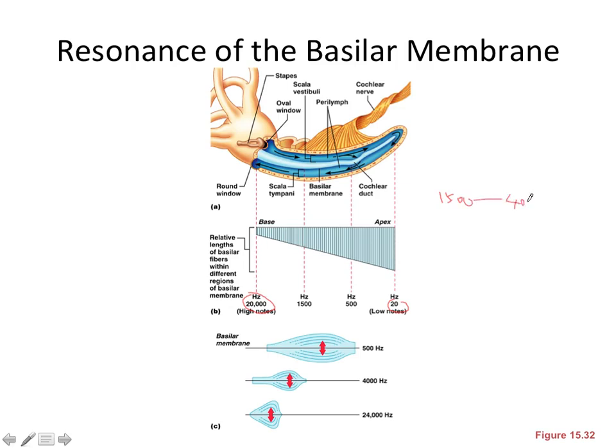So obviously, human speech is within the region of ear hearing. So this is the resonance sense of the basilar membrane.